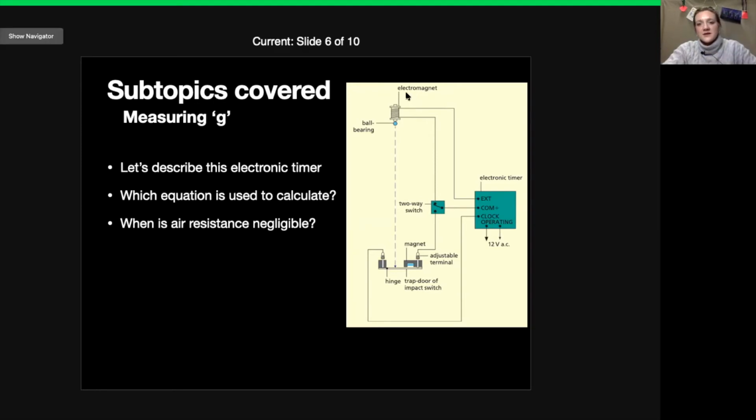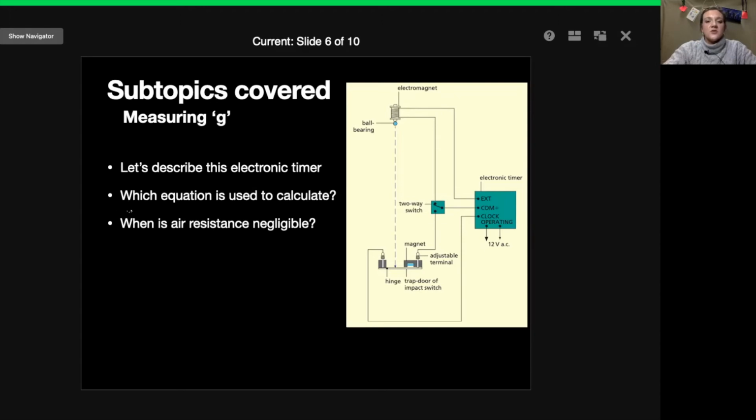When we take the magnetic pull away, the ball bearing will fall towards the surface at the bottom, which is the trapdoor switch. If we switch off the switch, the ball bearing will fall into the trapdoor, and we will be able to measure how long it took the ball bearing to fall through the hinge at the bottom.